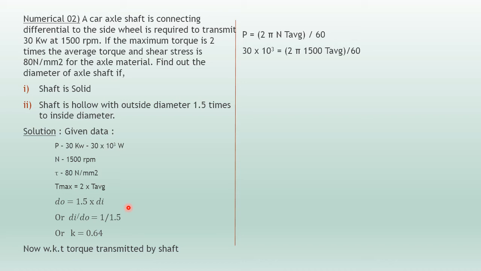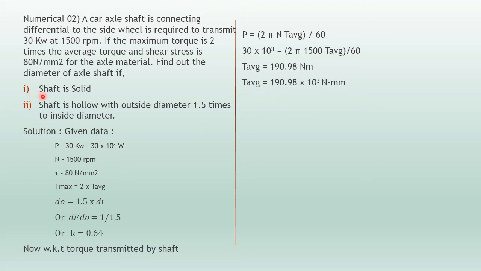We have to find the T average first. So the T average is 190.98 Newton meter. This is in meter, but we want T average in Newton mm, so multiply this with 10 to the power 3. So here we got the T average.